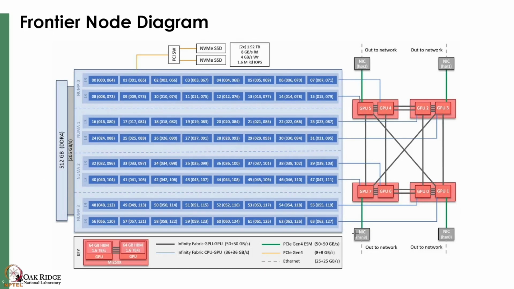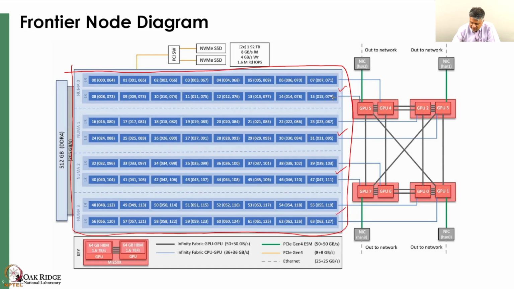If you look at this node diagram, you can see that this is essentially the CPU core area, and you can see there are sets of 16: 0 through 15 here, 16 to 31, 32 to 47, and 48 to 63 over here.